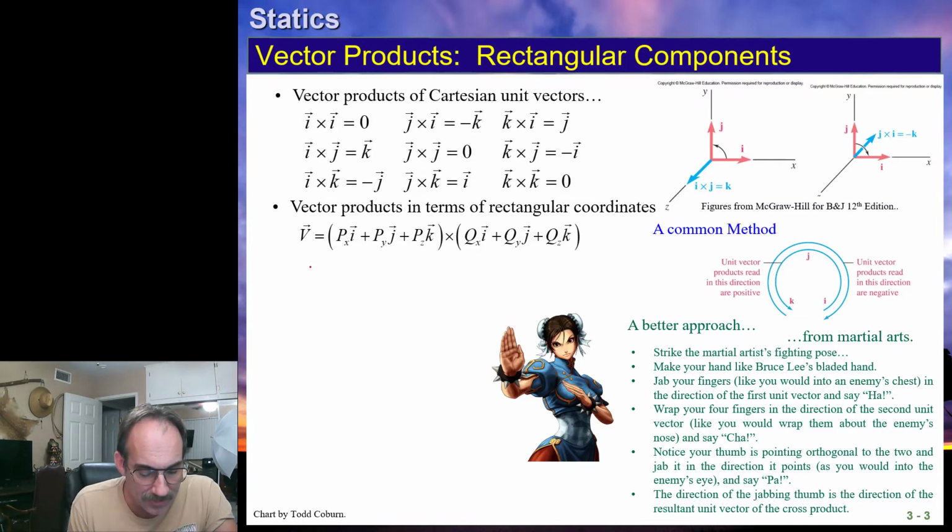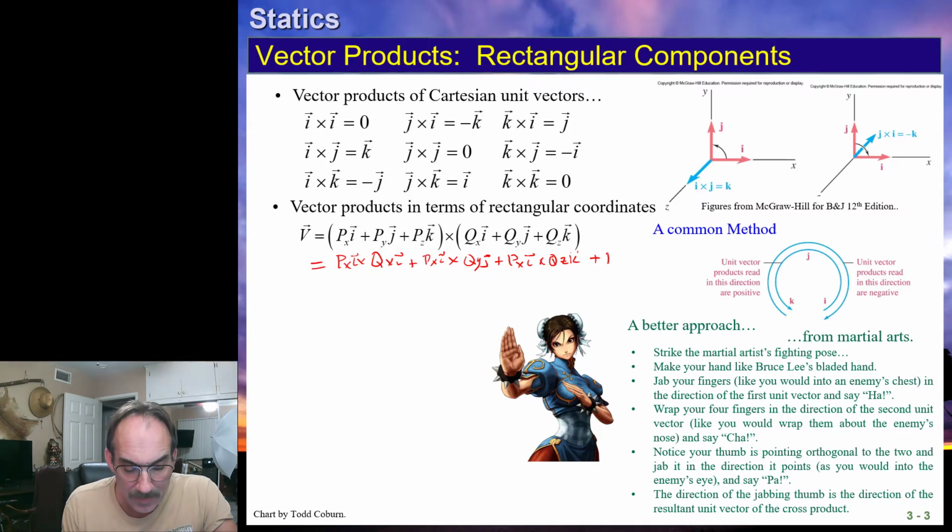So this operation is going to mean we're going to take Pxi crossed with Qxi. Now we know the cross product of I with I, well, we'll get to that in a minute. Plus we're going to have Pxi crossed with Qyj, plus Pxi crossed with Qzk.